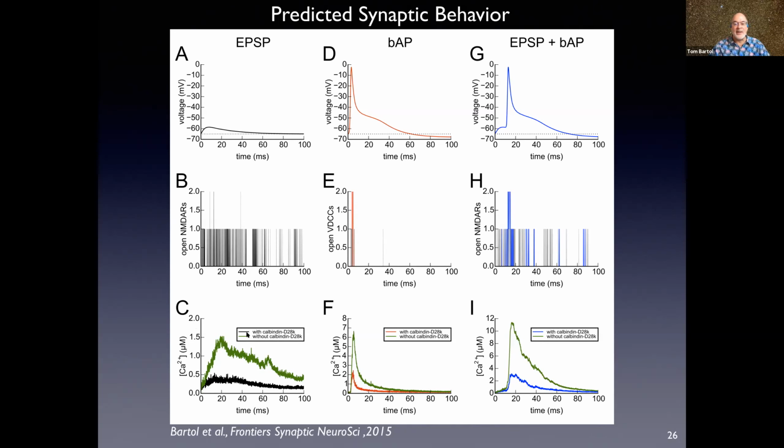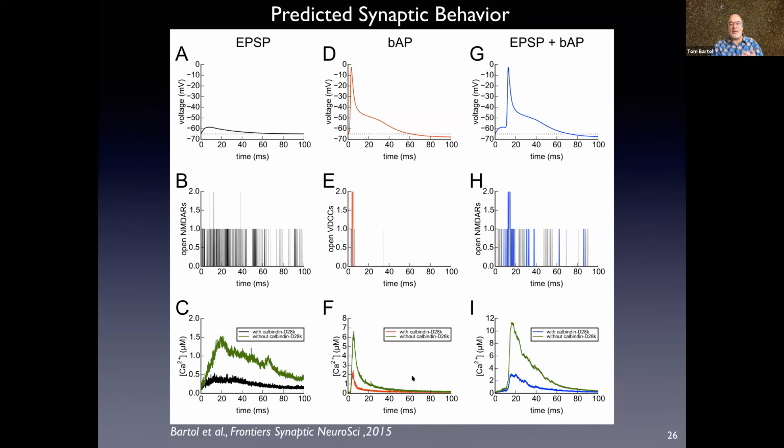The one to pay attention to, I think, is the black here, which is the case with calbindin, and the red one, the case with calbindin, and the blue one, the case with calbindin. We have the case without calbindin here because in experiments, when people do their whole cell clamp experiments, when they clamp onto the cell, they wash out the calbindin from the cytoplasm.